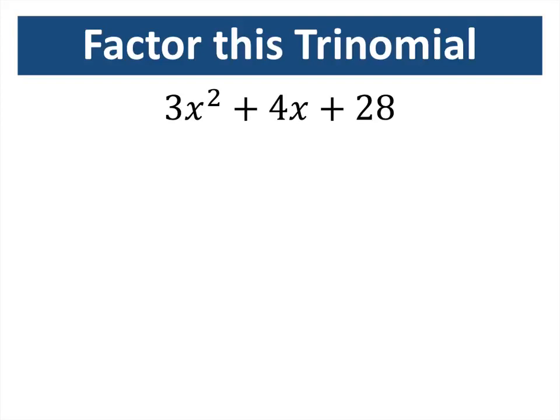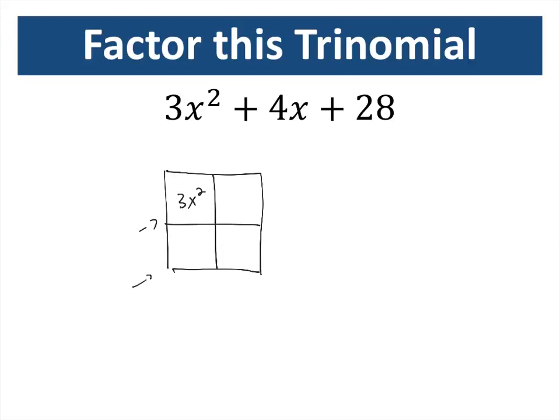We'll do another one because I think it is practical to just keep practicing this. So we've got 3x squared and 4x and 28. The 28 goes there. My diagonal multiplication is 3 times 28, which is 84. That's a big number, so 84x squared.